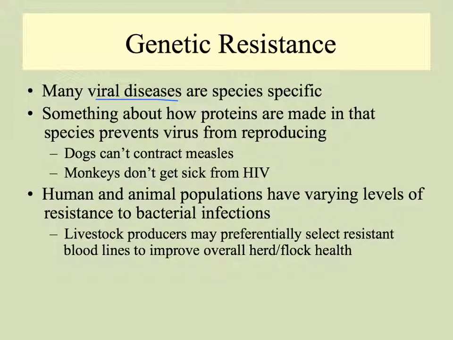We've seen this in humans as well, but we're not breeding humans for profit, so nobody's selecting quite the same way in the human population. But it does exist. You may naturally have genetic resistance to some bacteria and would not get sick if you were infected with that bacteria.